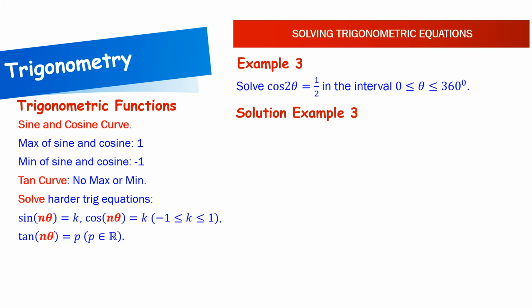So let's solve this. We are required to solve cos 2 theta equals a half in the interval 0 less than or equal to theta less than or equal to 360 degrees. Begin by letting x equal 2 theta and then solve. So cos x equals 0.5.